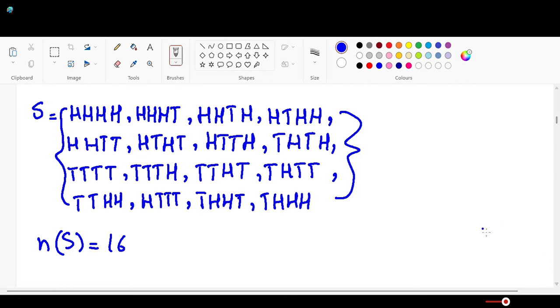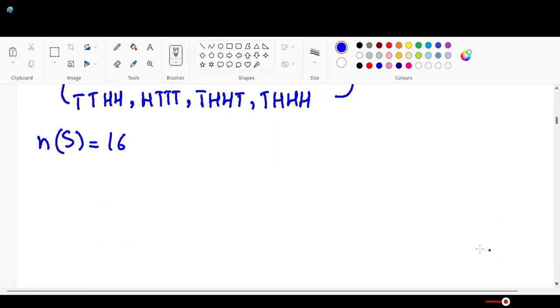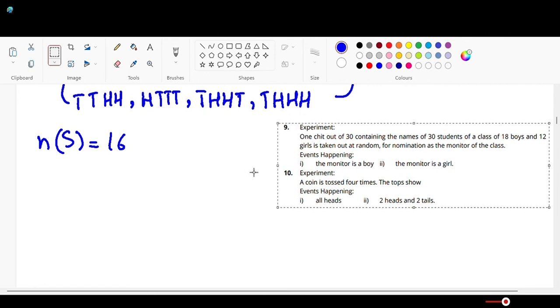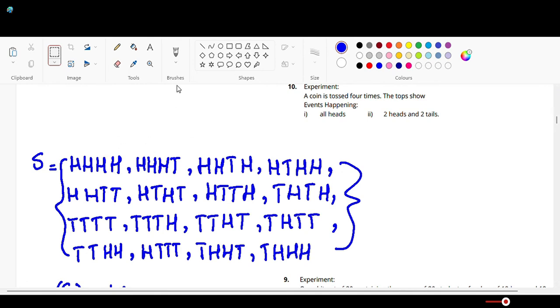Okay, now let's look at the first case. Case number 1, what does it say? Case number 1 says, find the possibility, chances of getting all heads. Well, I mean, this is kind of simple, right? Because there's only one possibility that you can get quadruple heads, right?